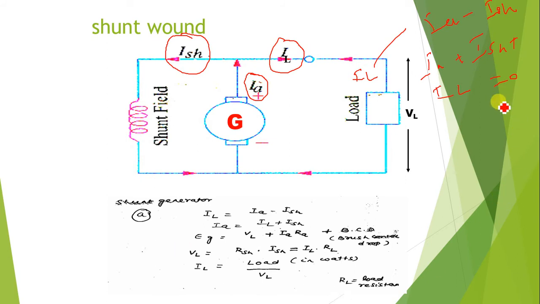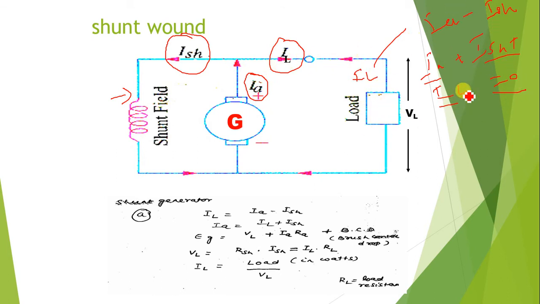According to Kirchhoff's current law, the algebraic sum of the currents passing through this whole circuit, or any typical circuit, is equivalent to 0. That means Ia, which is being generated, Ish, which is given to the shunt coil, and IL, the current supplied to the load, sum to 0.